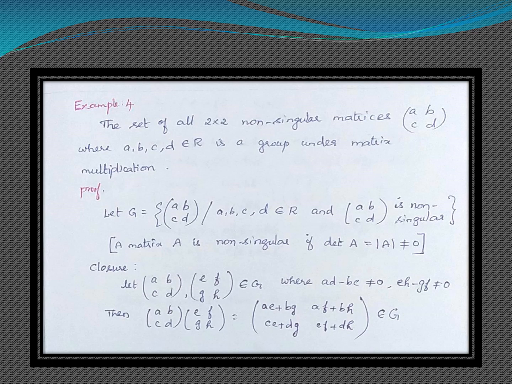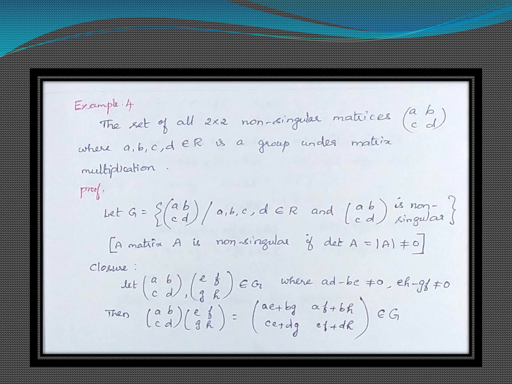For the first property, we have to choose two matrices from G. That is the matrix A, B, C, D and matrix E, F, G, H, where the chosen two matrices are non-singular. Therefore, the conditions are AD minus BC not equal to 0 and EH minus GF not equal to 0.